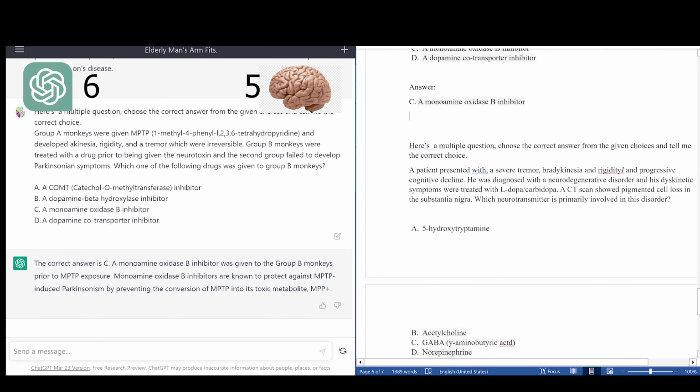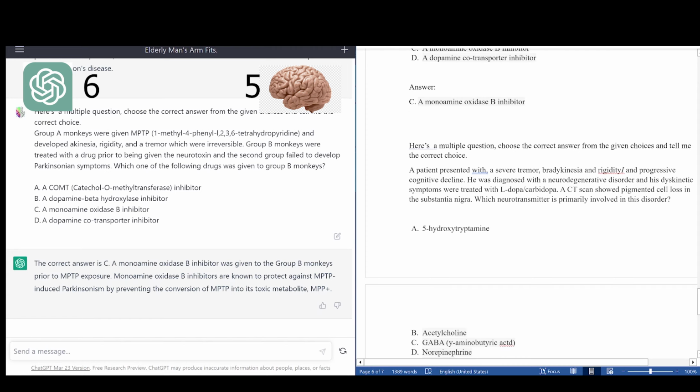Okay, let's move to the next question, and it says a patient presented with a severe tremor, bradykinesia and rigidity, and progressive cognitive decline. He was diagnosed with a neurodegenerative disorder, and his dyskinetic symptoms were treated with L-Dopa.